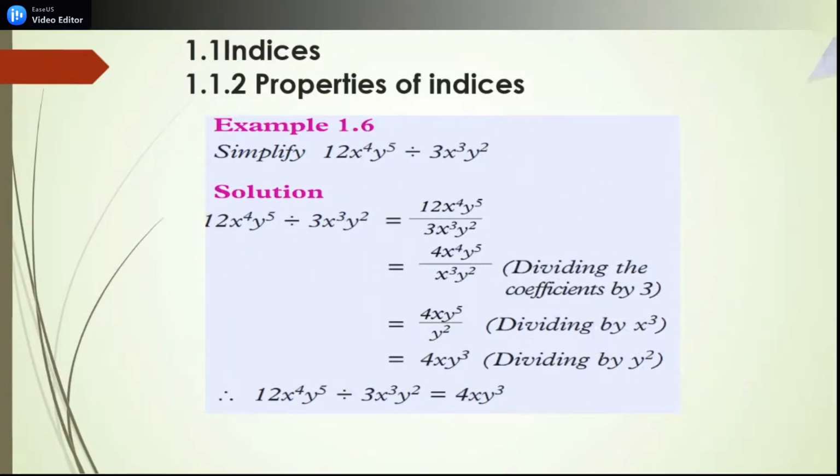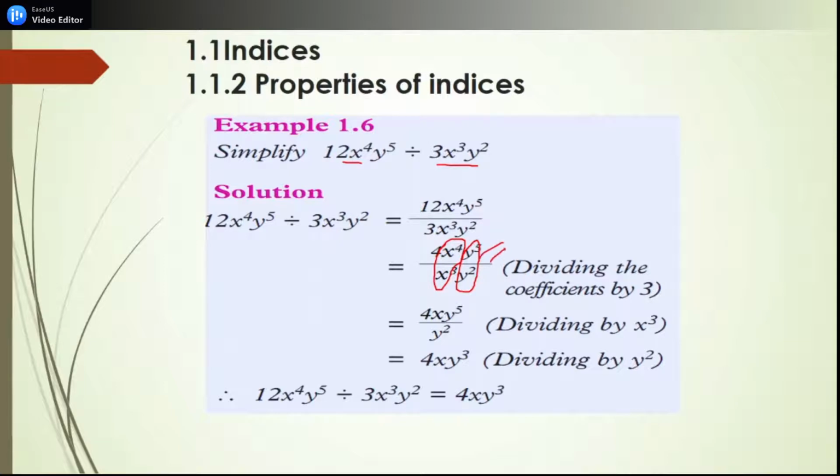We have another example. Simplification of this one and this one. You have to consider the values of the same base. The reason why you can write is 4 times x power 4 minus 3 times y power 5 minus 2.